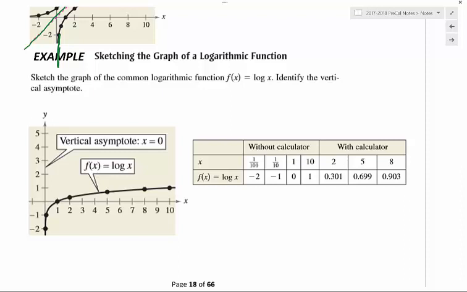Some of them were plugged in with a calculator here. When I take log base 10 of 2, or just type in log 2, I would get 0.301. Log of 5 is 0.699. Log of 8 is 0.903.